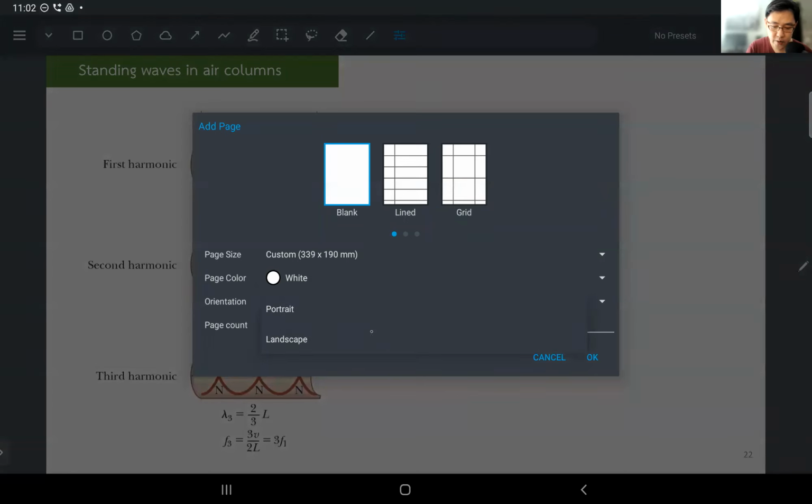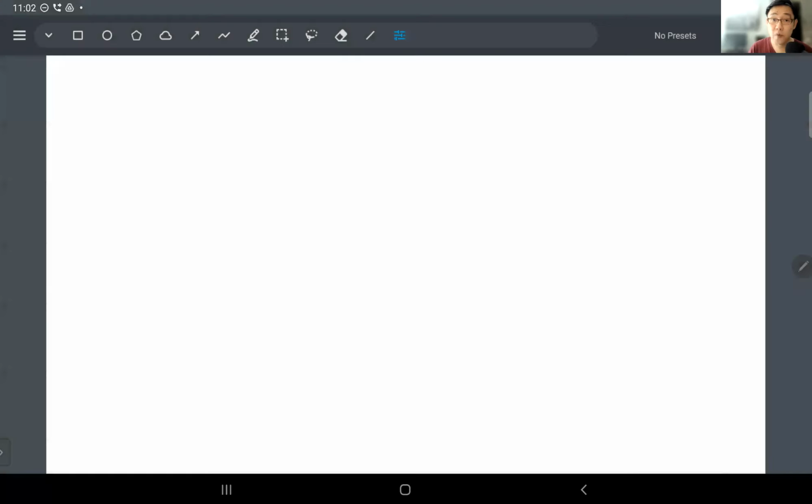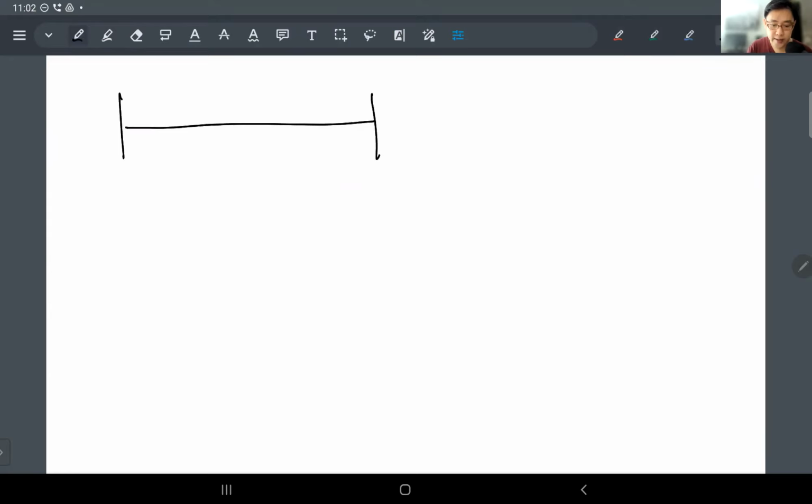Let me bring you guys back a bit, back in the day of waves on a string. Okay, sounds like a good plan. This one, because everyone can relate to it very easily. So what you have over here is this. If you have a wave generated on a string, and let's say I have that string fixed at two ends. It means maybe I just tie it to a wall and have another wall opposite to that.